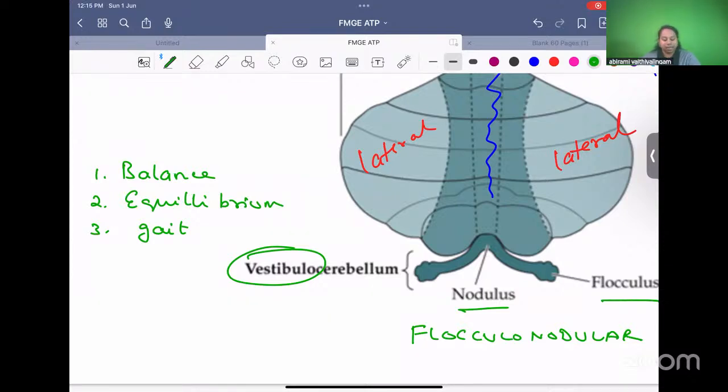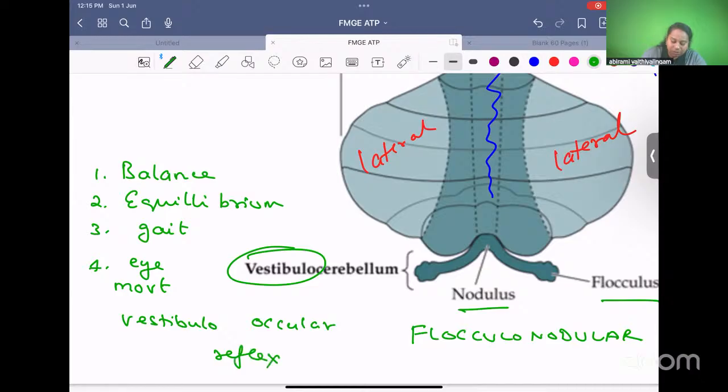Nodulus and flocculus are related to eyeball movements. So this helps in eye movements. That is called vestibulo-ocular reflex, or doll's eye movement. When head rotates to one side, eyeball will go to the opposite side. That is called doll's eye movement.